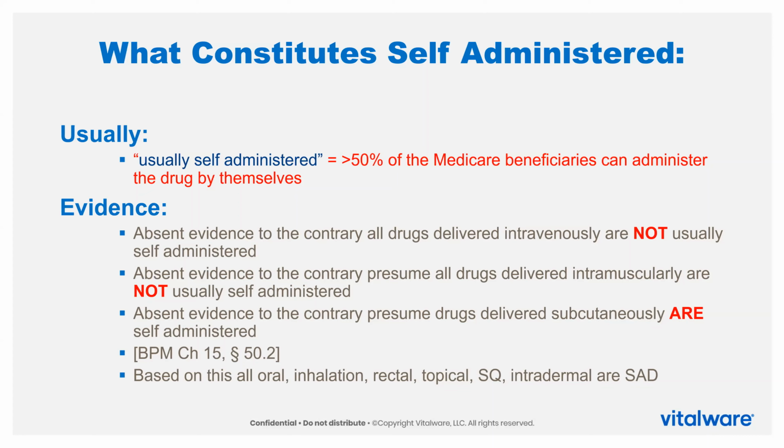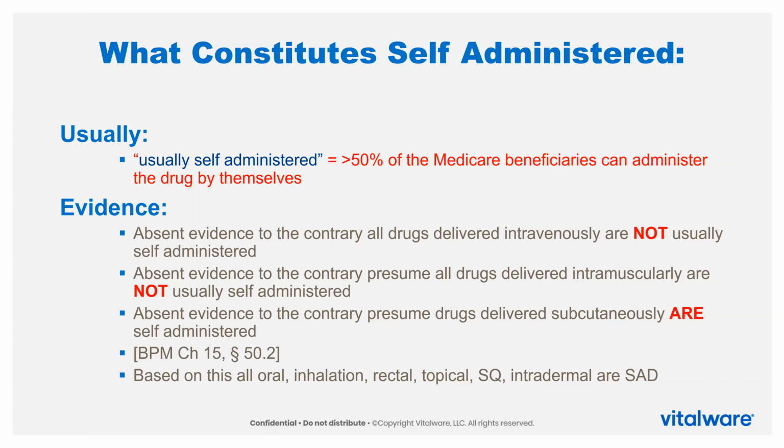So there are some criteria for the group. Absent evidence to the contrary, all drugs delivered intravenously are not usually self-administered. Well, they're covered, and they have a benefit package, but they're not self-administered.